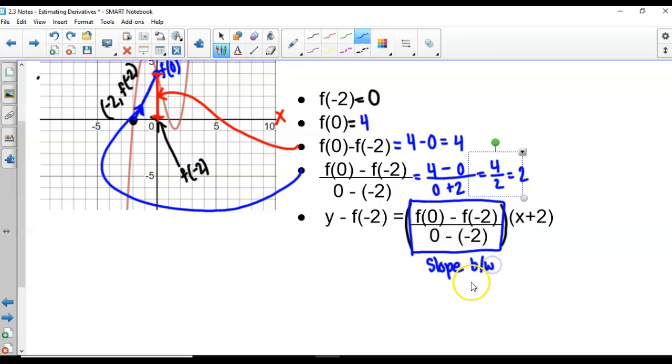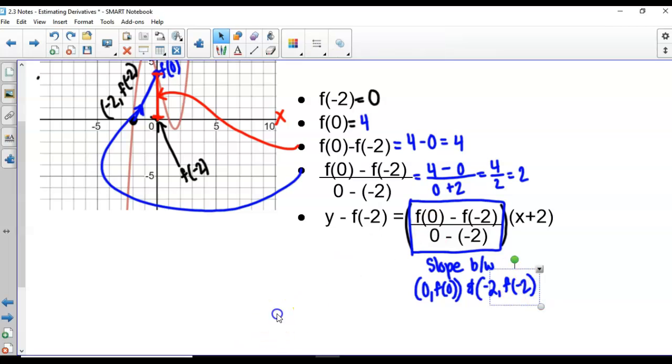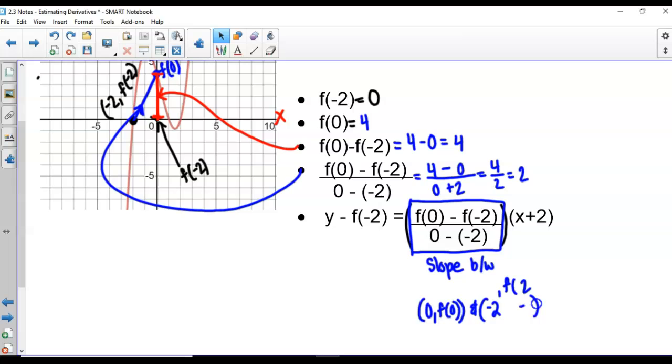Between what points? We've got our 0, f of 0, and negative 2, f of negative 2. So we've got that slope between those 2 points there.